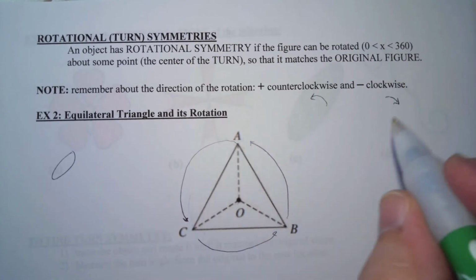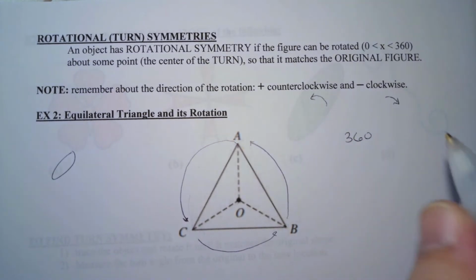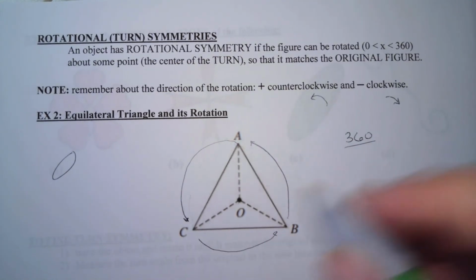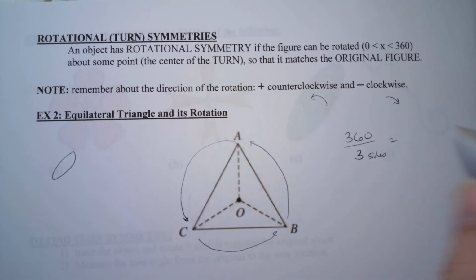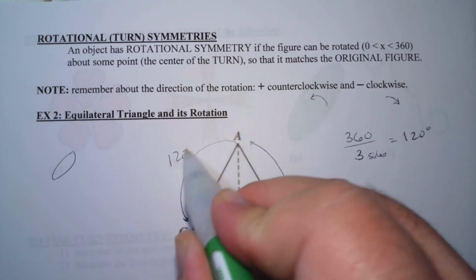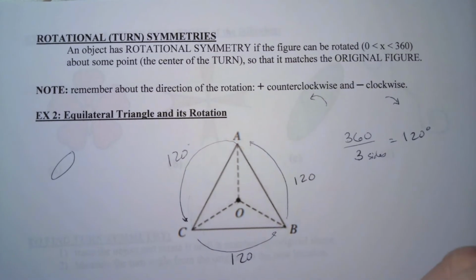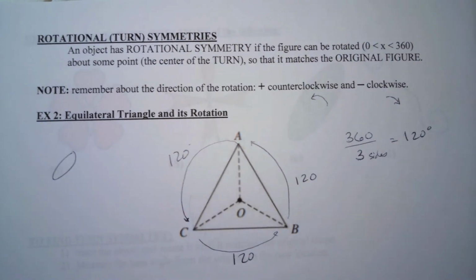So what is this one? Remember, a complete revolution is 360 degrees. It's an equilateral triangle with 3 sides. 3 goes into 3 once, 3 goes into 6 twice. So we see here, if this is 120, this is 120, this is 120, we have three rotations, and it's back to the beginning.